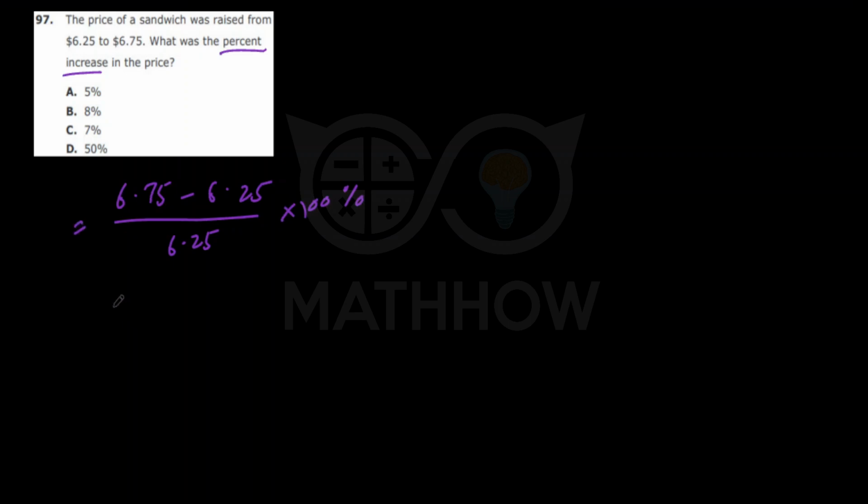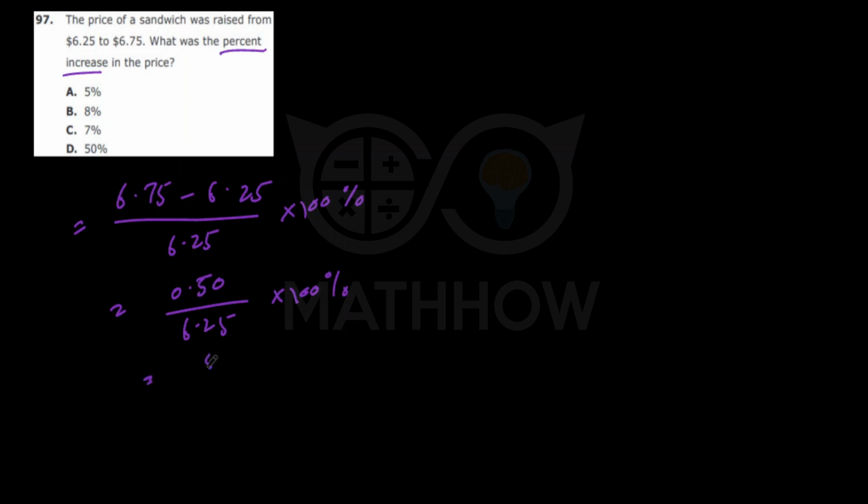This is the percent increase. 6.75 minus 6.25 will become 0.50, all divided by 6.25 multiplied by 100%.